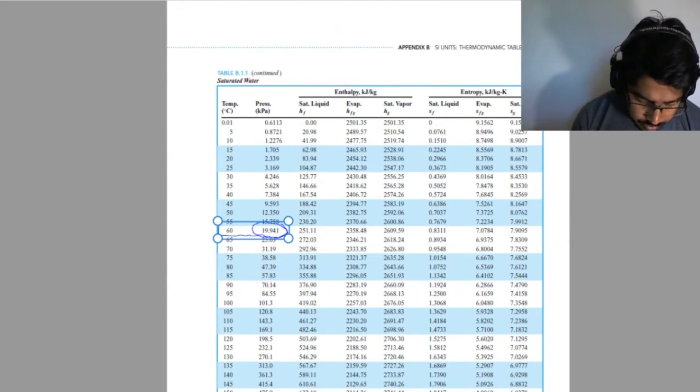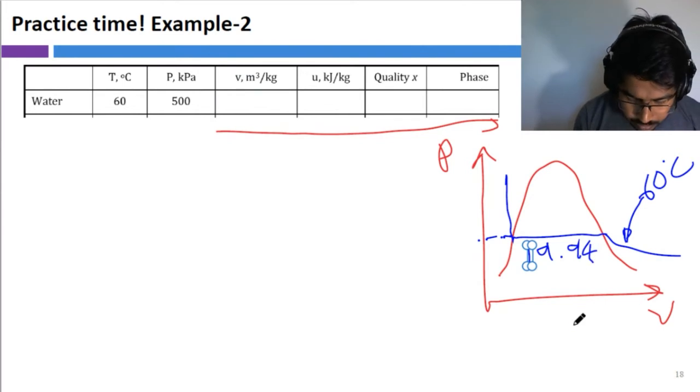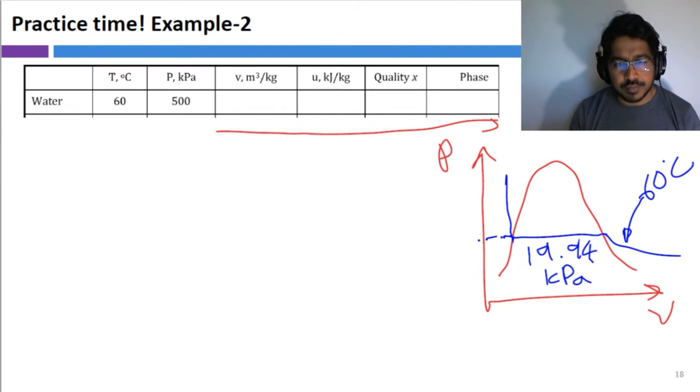So I go back into my question, and the saturation pressure is going to be 19.94 kilopascals.